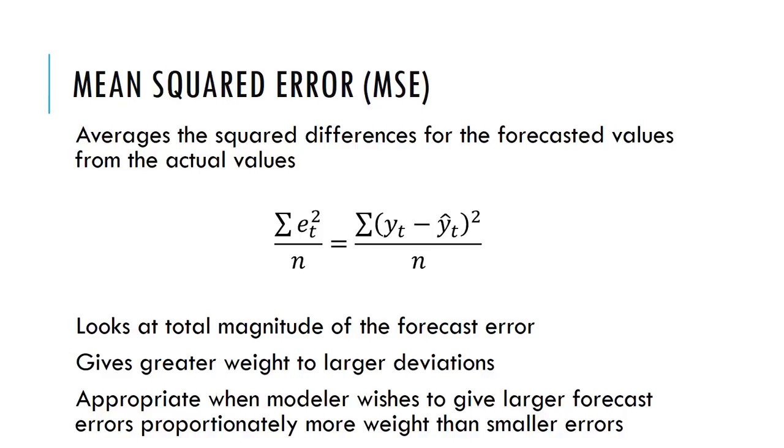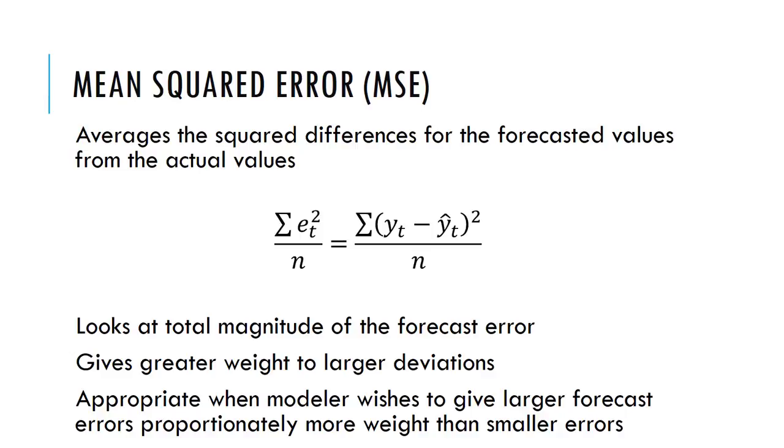When you square a number that's between 0 and 1, it actually gets smaller. So here we are weighting things more towards when the forecast is farther away. So we're giving larger forecast errors proportionally more weight than smaller ones.